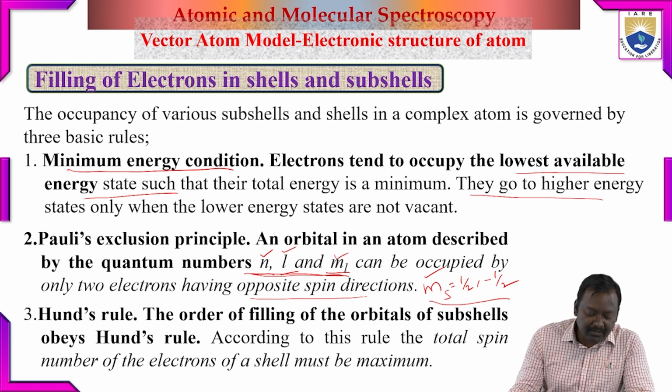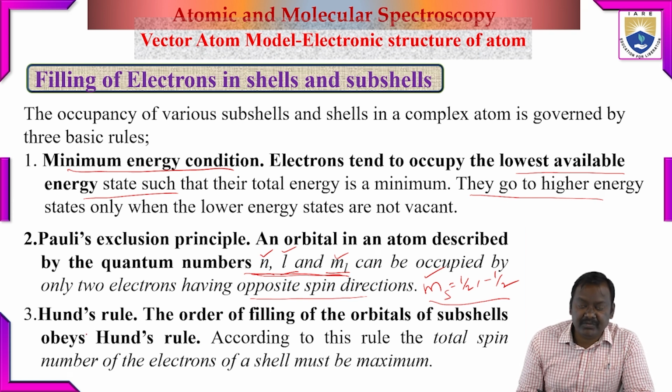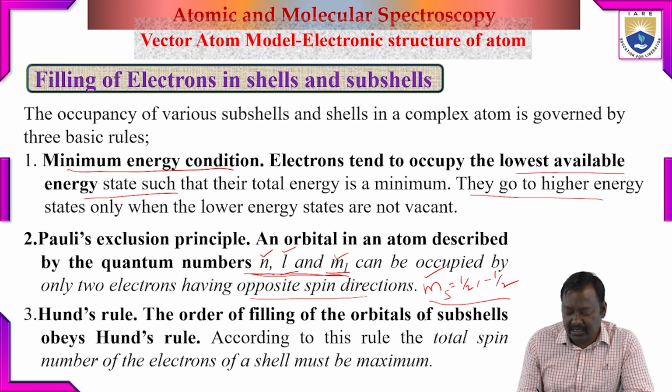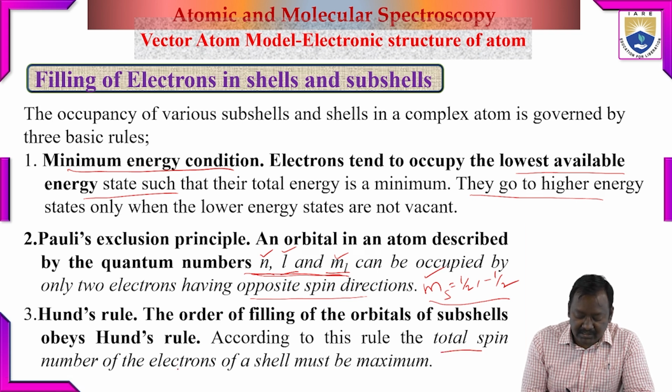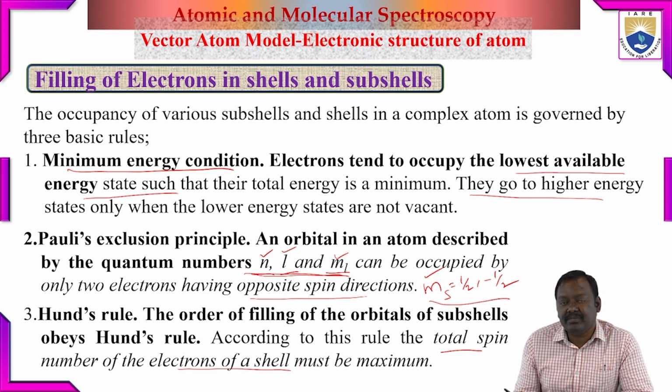And then the third basic rule is Hund's rule. According to this rule, the order of filling of the orbitals of subshells obeys Hund's rule. While filling the subshells, we need to follow it. According to this rule, the total spin number of the electrons of a shell must be maximum.